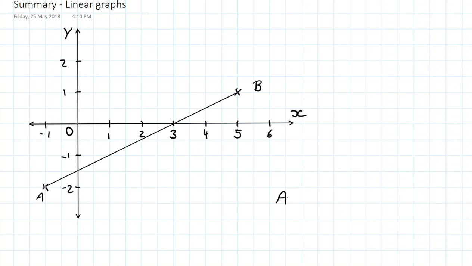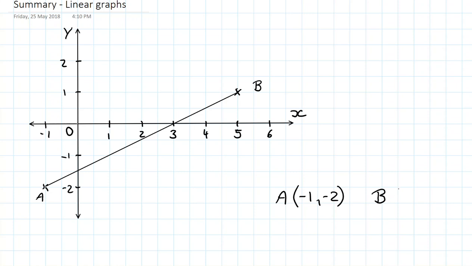So as we have an x-axis and a y-axis, each point consists of an x-coordinate and a y-coordinate. So let's find those for A. The x-coordinate for A is -1, because you go 1 back from 0, and then you would go 2 down, so that must be the y-coordinate.